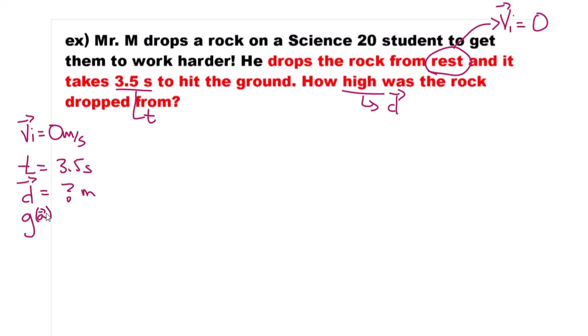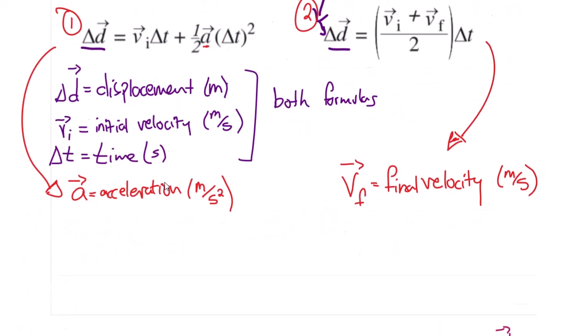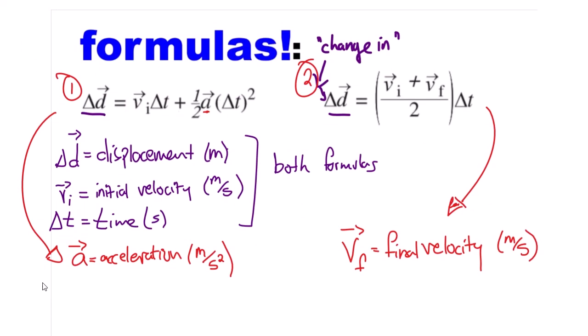Because it is an acceleration due to gravity. That's 9.81 meters per second squared. And this is down, so it's in the negative direction. So we're going to put a negative sign on this. So that means I do have the acceleration, which means I want to use this formula, formula number 1.